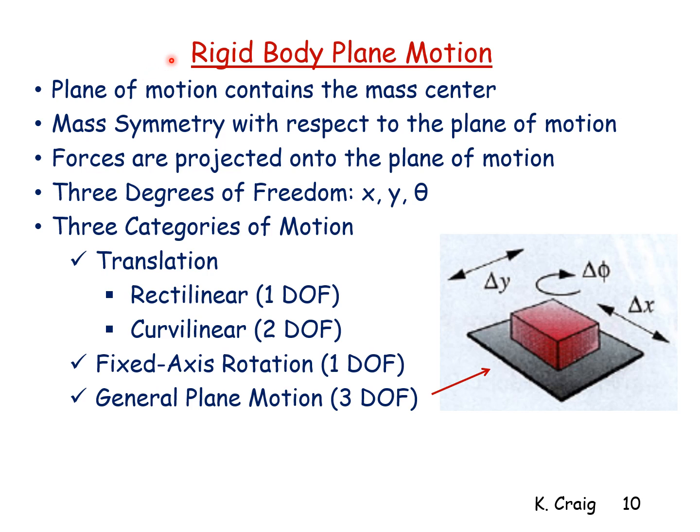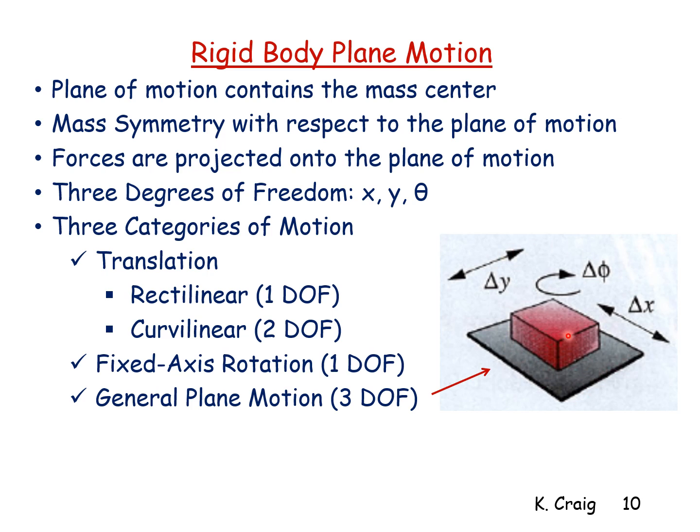We're discussing rigid body plane motion. What do we mean by plane motion? Motion that happens in a plane, as I show here. You have a block sitting on the plane. The block can move in the x direction, can move in the y direction, can rotate about a z-axis perpendicular to this plane of motion. 3 degrees of freedom.